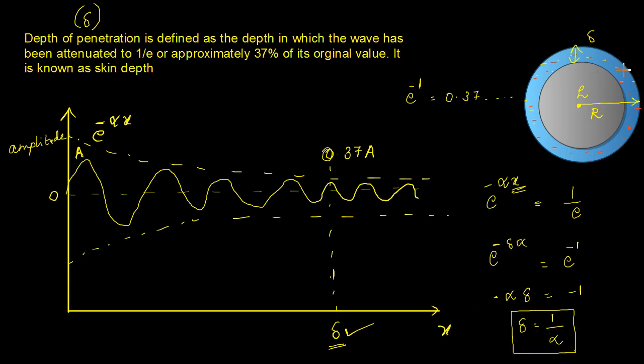Now the same skin depth we can also denote in a conducting medium when a current of high frequency is passing through it. Here you can see that this is a conductor, its radius is r, but high frequency current always tries to flow through the periphery of the conductor, because on the inner side the inductance is very large, so the high frequency current experiences a very high reactance.